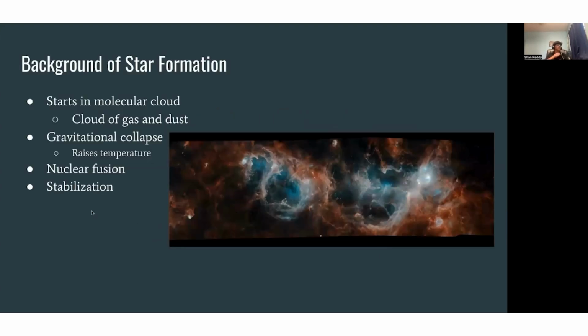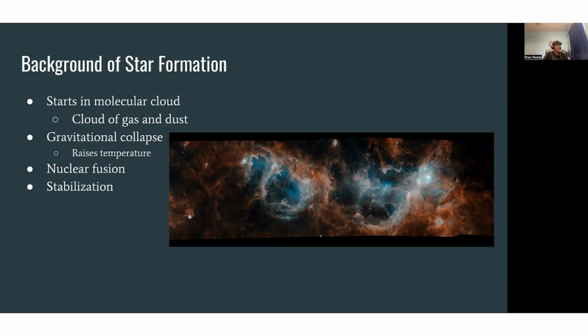So now a quick background on star formation. All stars originate in molecular clouds. These are clouds of gas and dust in the ISM. This is a picture of one of the millions of molecular clouds. Molecular clouds then undergo gravitational collapse, which is when gravity forces them to collapse in on themselves. This raises the internal temperature of the star and creates very dense regions.